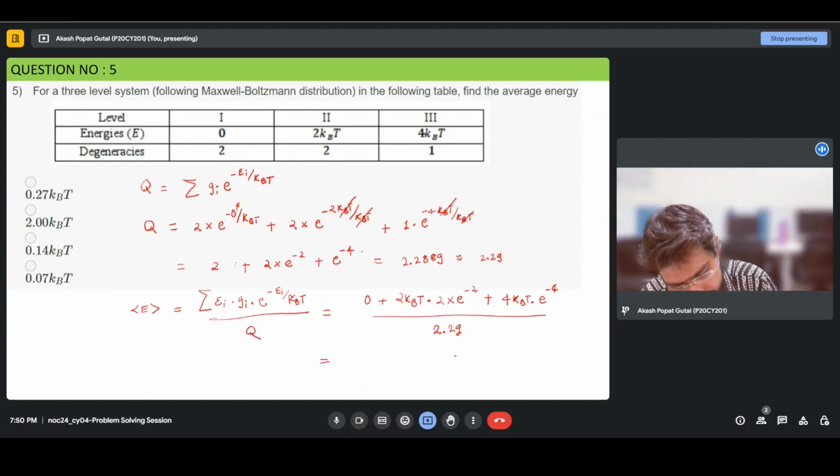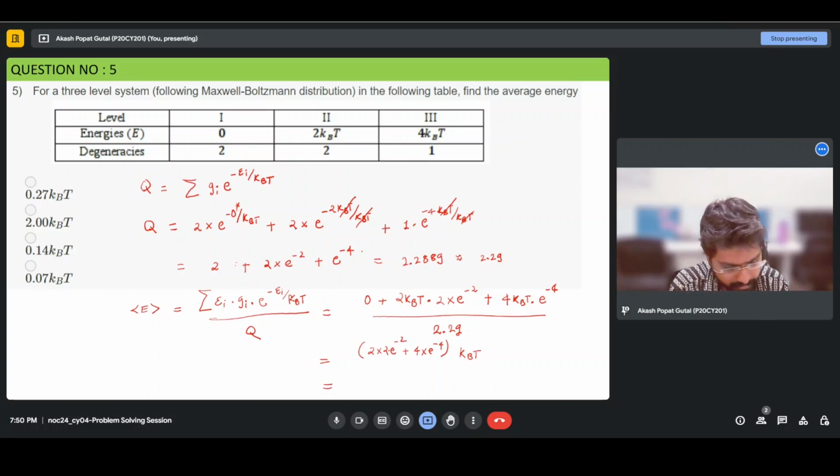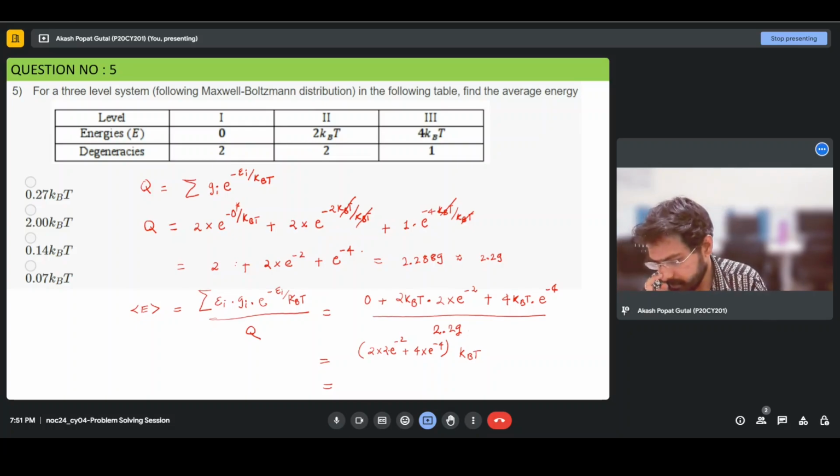You solve this. Let's take kBT as constant. I will be having 2 times 2 into e raised to minus 2 plus 4 times e raised to minus 4, which gives you, to calculate it, 0.2695 kB.